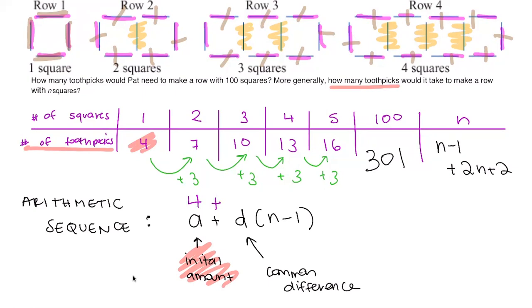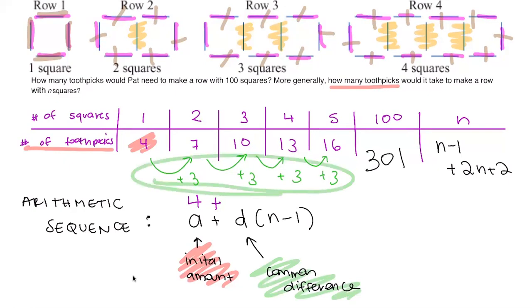So we noticed this earlier already on our own. Our common difference is how much we jump from space to space, and we saw you add 3. So we should add 3. And then the n minus 1 just comes for fun. So based on the arithmetic sequence, our formula is 4 plus 3 times n minus 1.